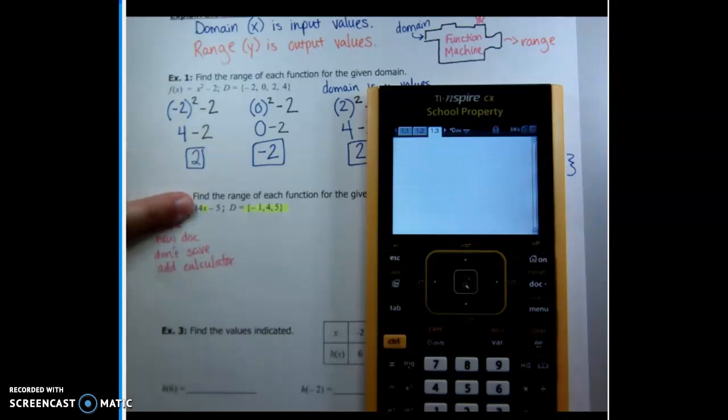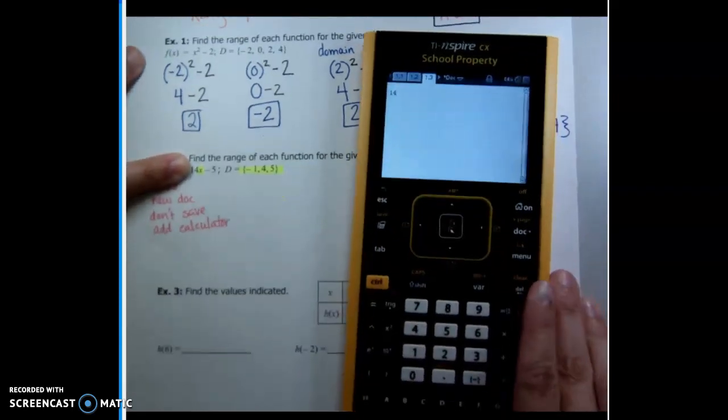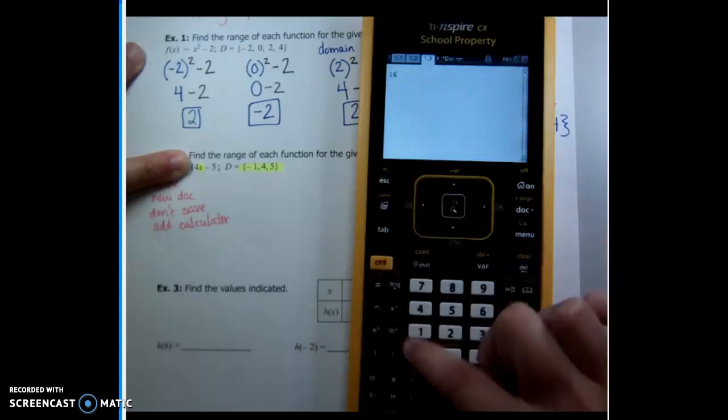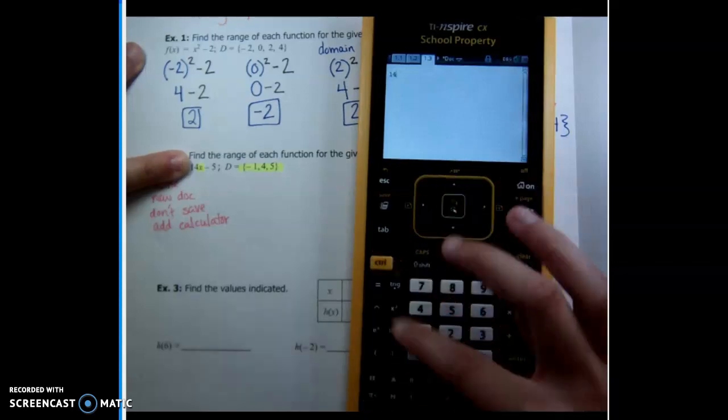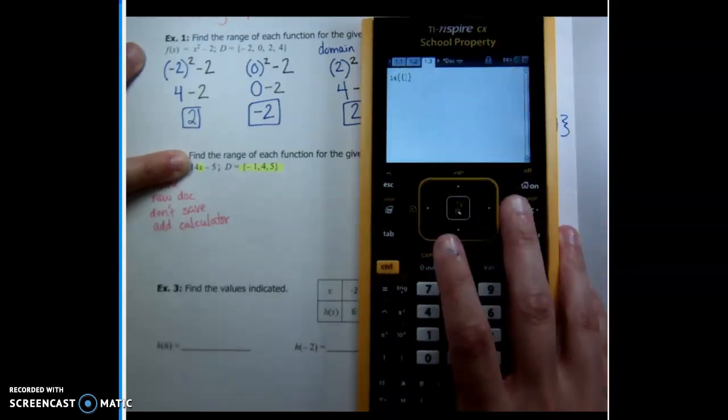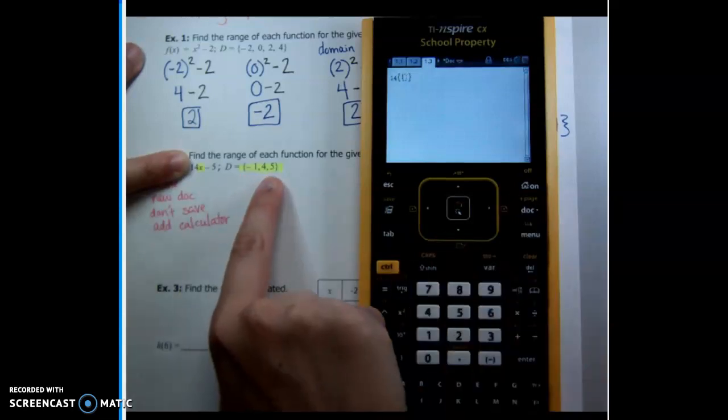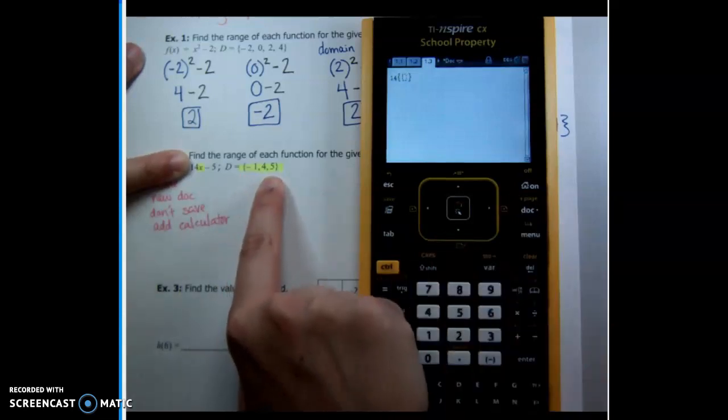So we're going to start right here, 14. And then we're going to put our brace. To do that, you do control, close parentheses. That gives me a brace with a box. You type in each of these numbers separated by a comma.